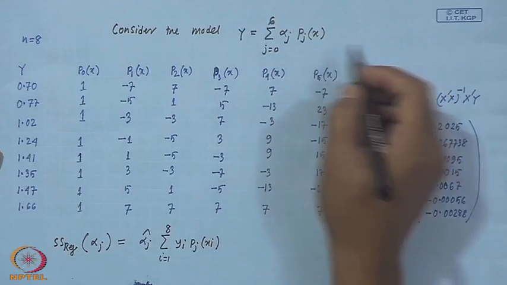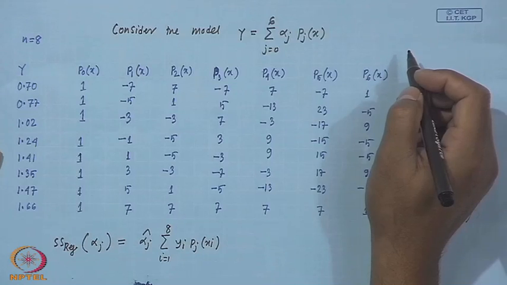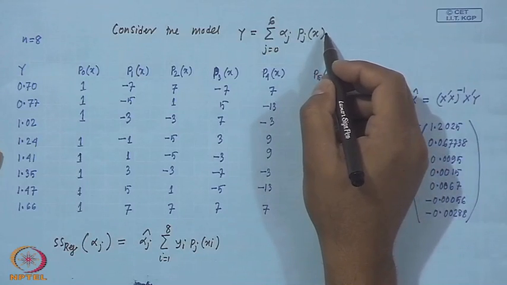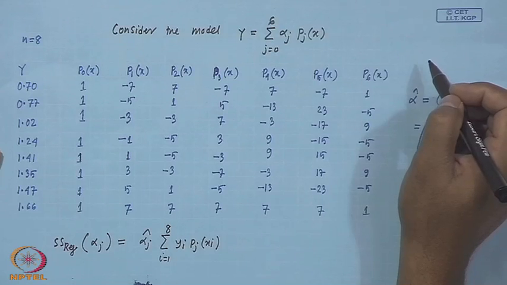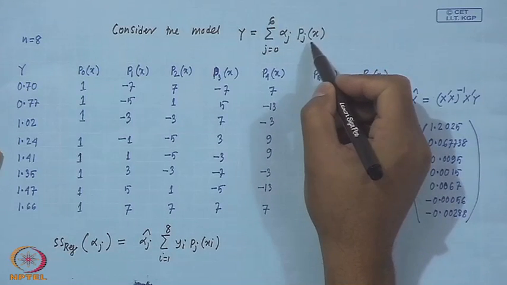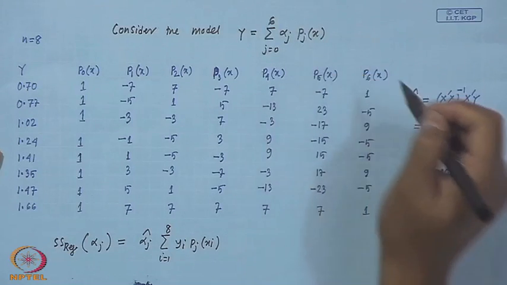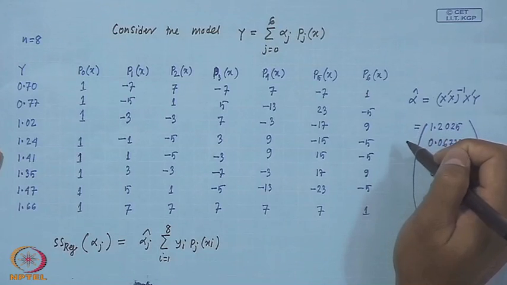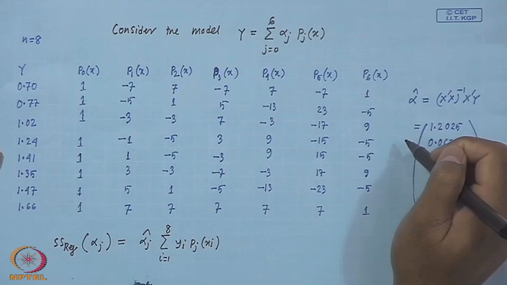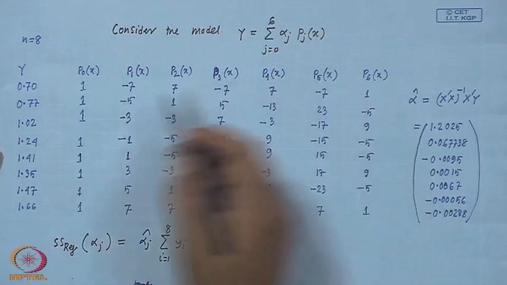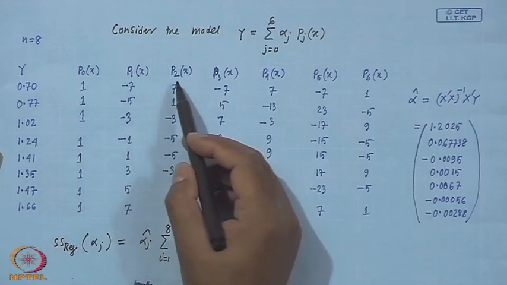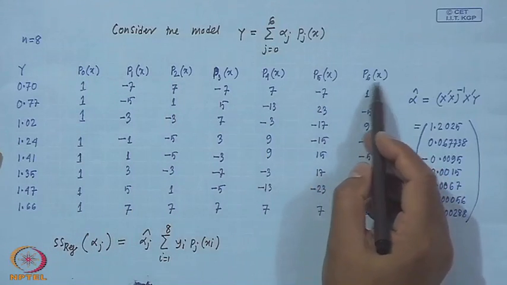So, consider this polynomial. This is of order 6, because it involves p 6 x, which is of order 6. Well, now to fit this model, we have to compute p naught x, p 1 x, p 2 x, up to p 6 x here.